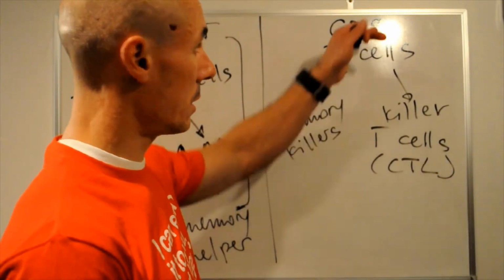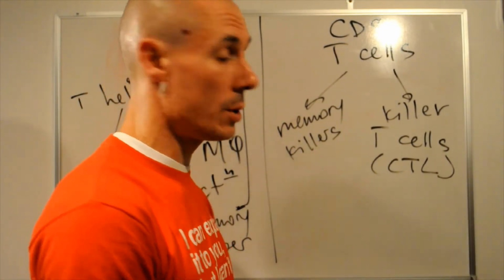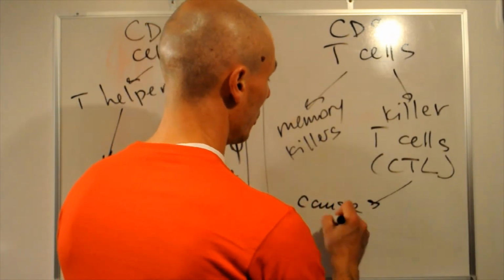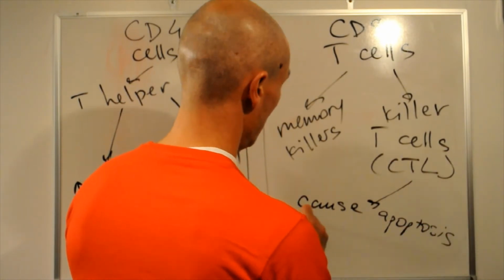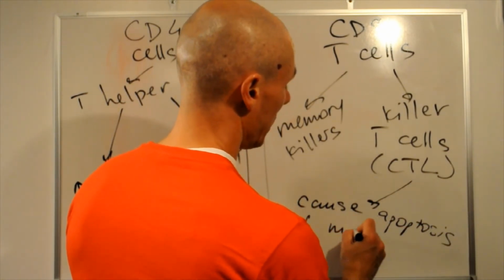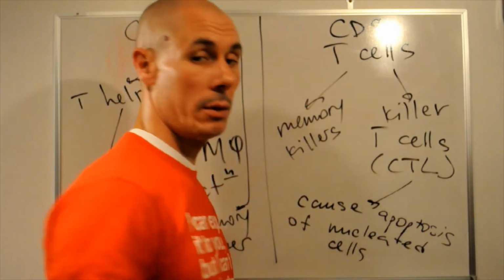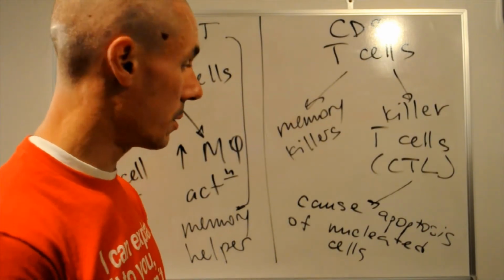Cytotoxic lymphocytes, as any other derivative of CD8 cell, can recognize MHC class 1, so they can cause apoptosis of nucleated cells. Cells that are infected, cells that are cancerous, and so on and so forth.